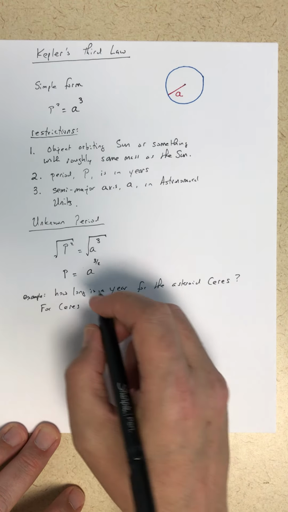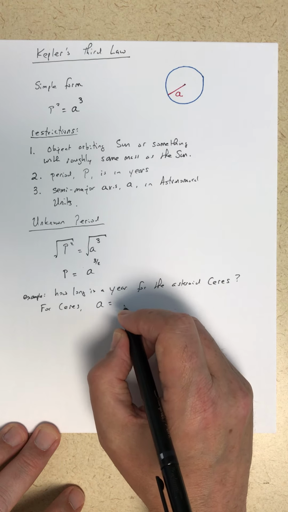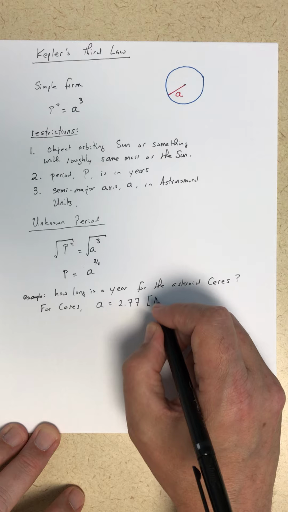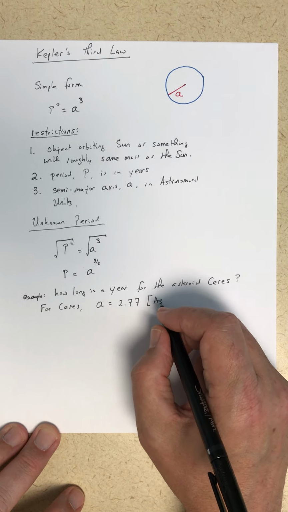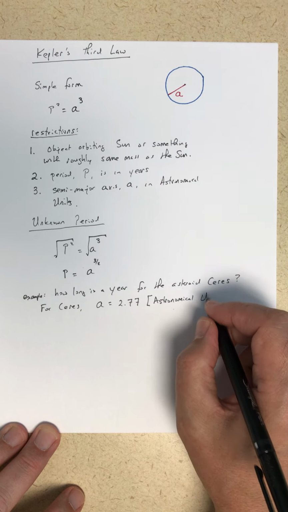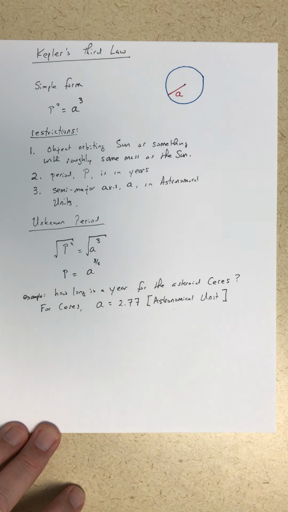For Ceres, the semi-major axis, you can look it up in the appendices, is 2.77 astronomical units, or AU, if you prefer.